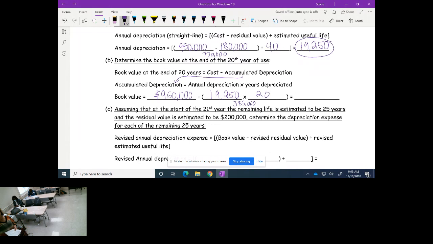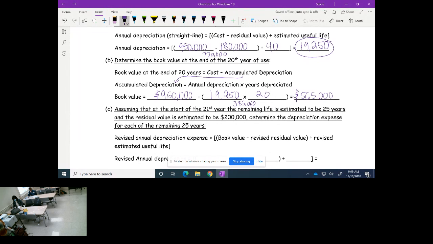So if you subtracted that 385 from 950, that's going to give you 565,000 for the book value. So at this point, at the end of 20 years, we have $565,000 of undepreciated cost. That's what book value is. The cost of the asset that we have not depreciated yet.